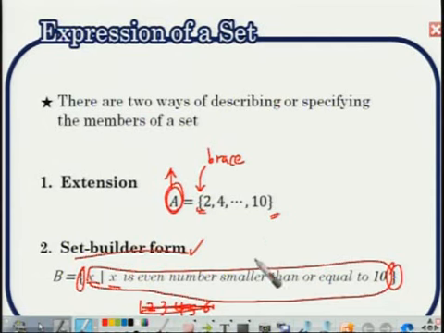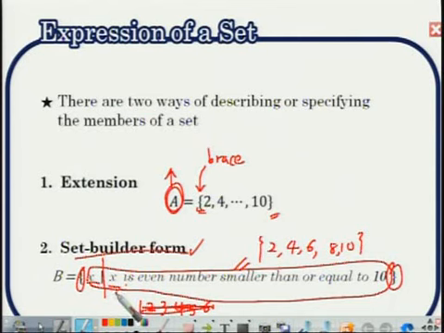Even number 2, 4, 6, 8, 10. This is exactly the same as this, but we are saying this in English words with a condition here.